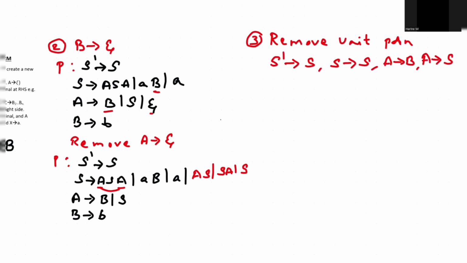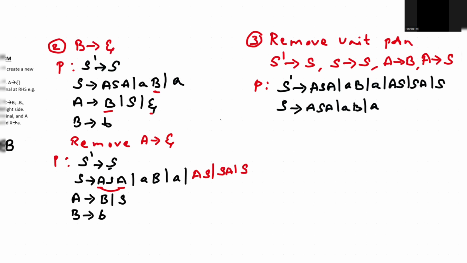After removing each and every one, the production will be S dash, and the right-hand side S is to be replaced by all the S productions: ASA, AB, AS, SA, S. Then S productions: ASA, AB, A, AS, SA, and remove this S because S replaces the same thing again.